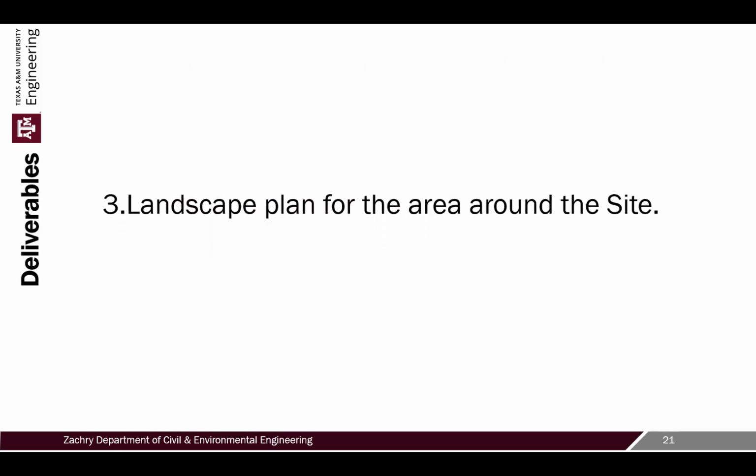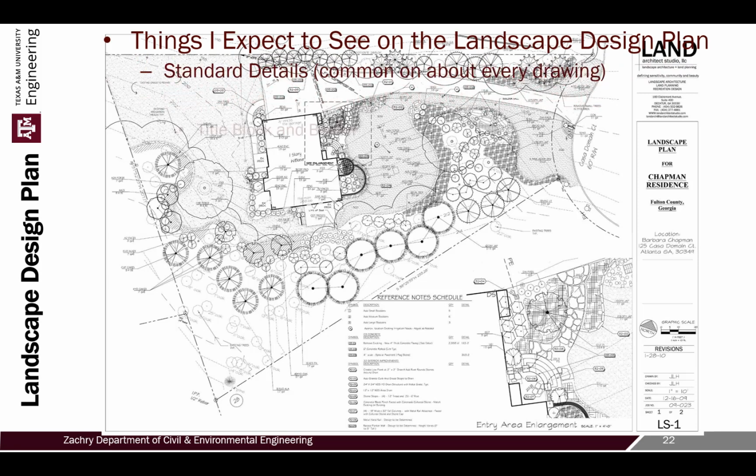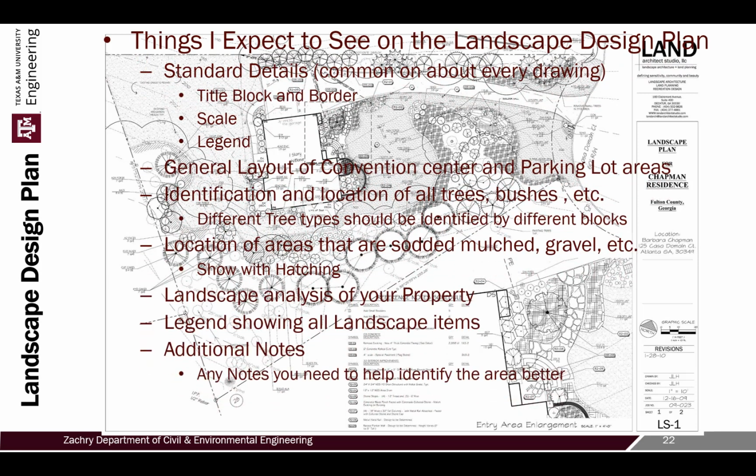The last thing that you need is a landscape plan. Now, sometimes you'll farm this out, sometimes you won't. It kind of depends on what the project is. But a landscape plan is going to be basically showing what you're putting on the property that you are developing.